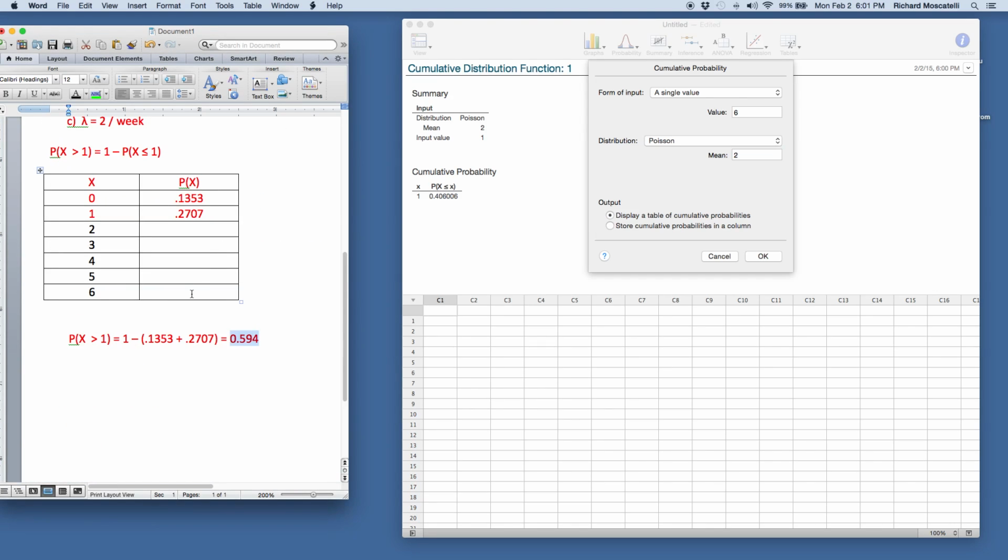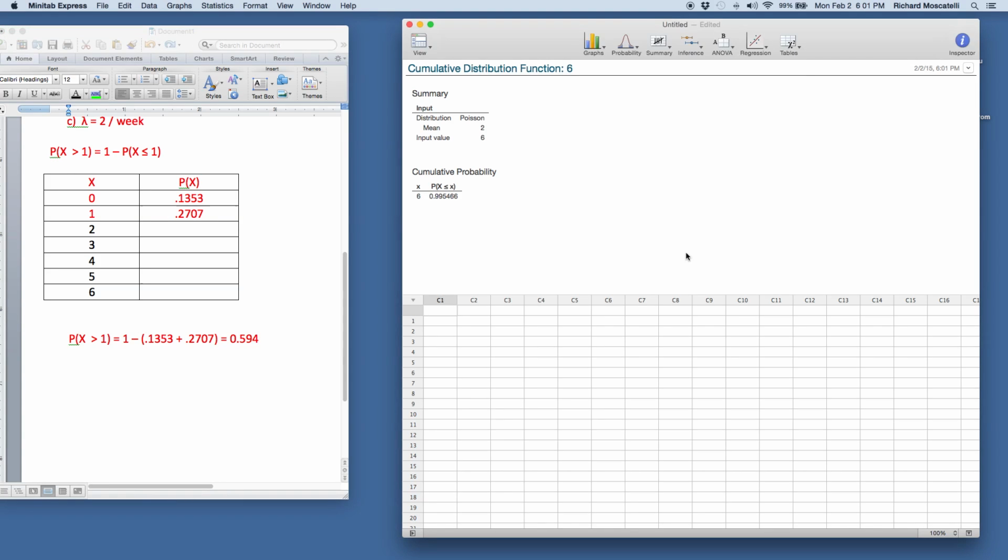What if I wanted to find the sum of the probabilities from 6 and backwards? Now, that would take some time if you had to work all those by hand. Clearly you say cumulative probability, I'm going to give you a 6 with a mean of 2. So when I give an input of 6, it's going to work 6, but it's also going to work 5, 4, 3, 2, 1, and none, and then simultaneously add them all up for you. And as you can see, look what the probability is. It's almost 100%. This is 0.9955 approximately.